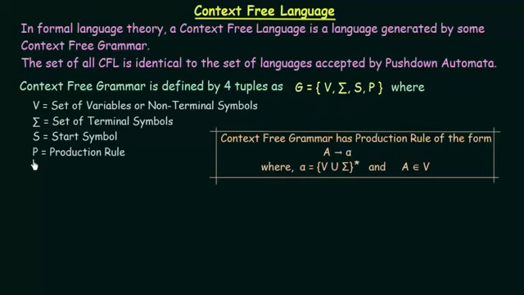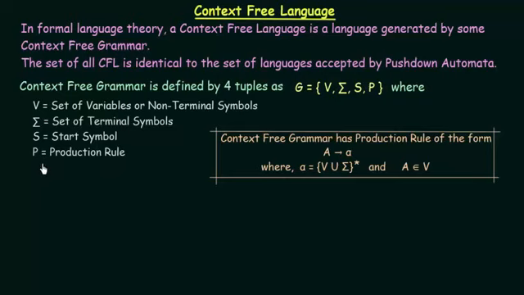The tuples actually mean the same as in the case of regular languages, where V is the set of variables or non-terminal symbols, sigma is the set of terminal symbols, S is the start symbol, and P is the production rule. So what is the difference between regular grammar and context-free grammar?